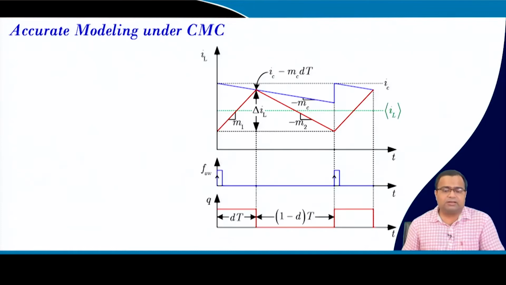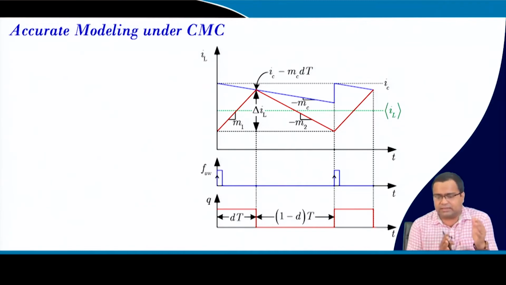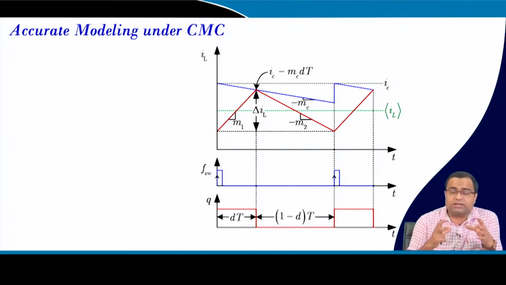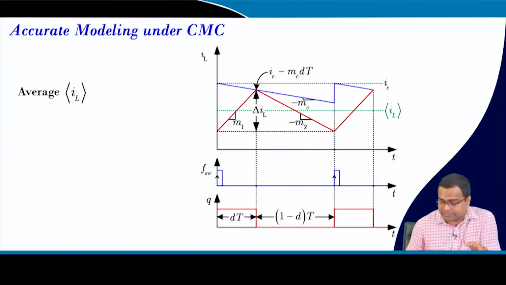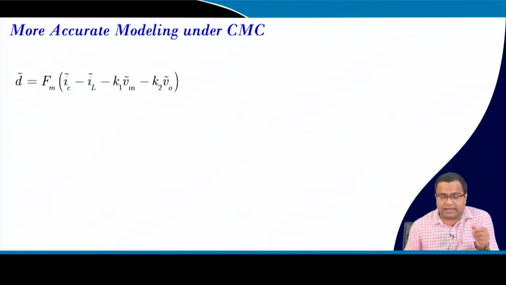So, first we will recollect our accurate modeling under current mode control, because in the first lecture this week we talked about different accurate modeling techniques under current mode control. One of the techniques that we talked about incorporates the current ripple information in the average current information, and that we have already derived.